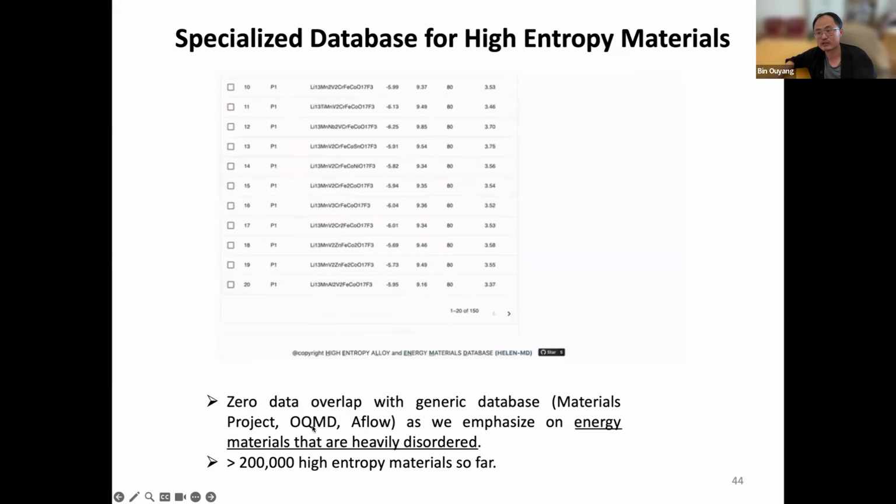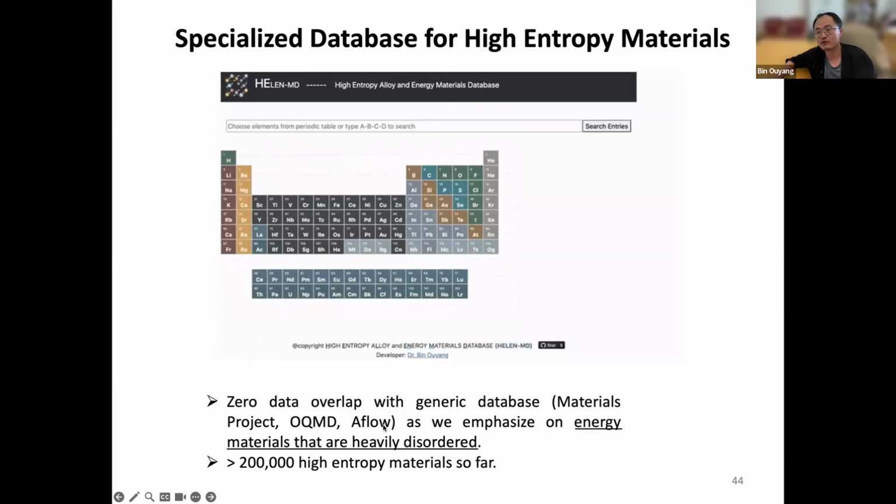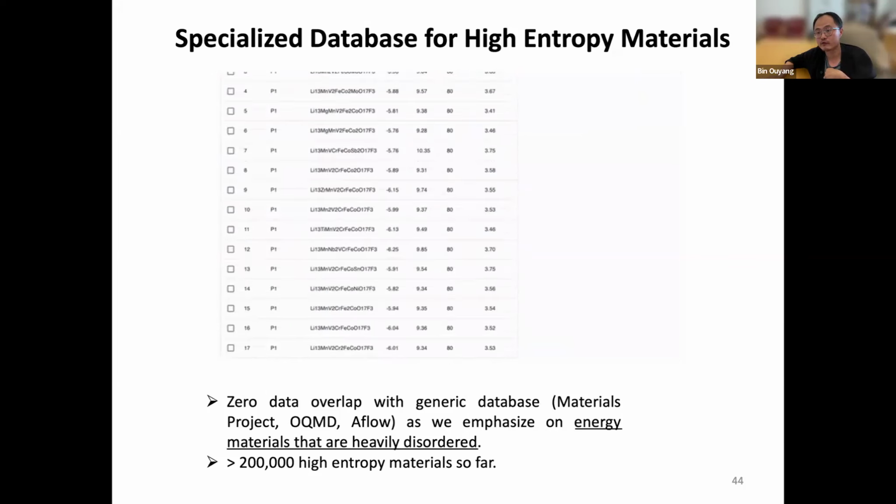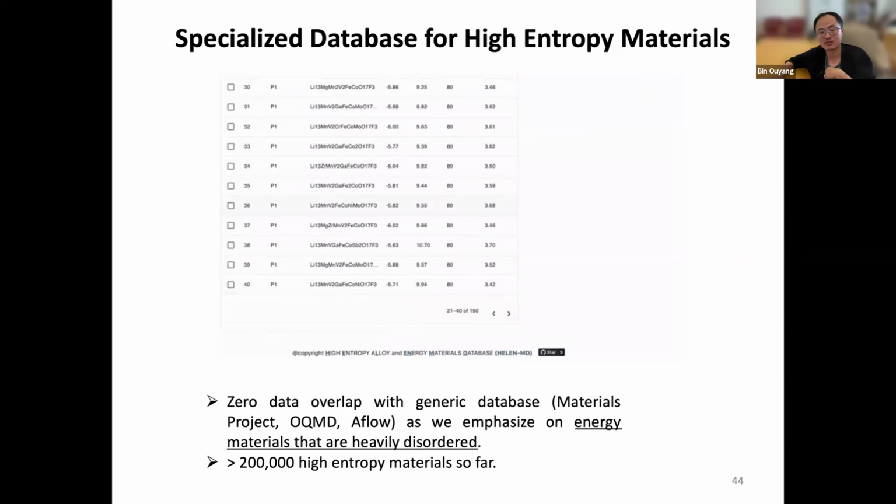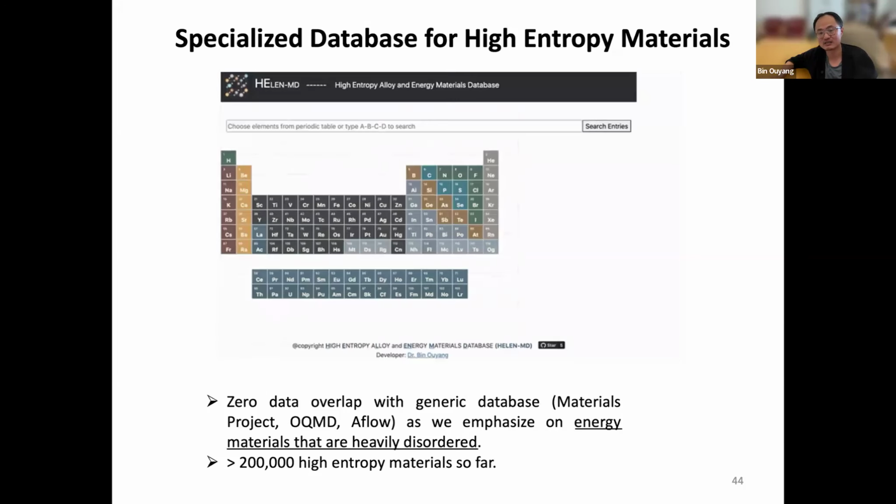OQMD, a database at Northwestern, has a little bit of it. AFLOW has a tiny bit of medium entropy alloys and a little bit of high entropy alloys, but they are mostly high entropy carbides, from my knowledge. So when you talk about high entropy battery materials or high entropy catalysis, there is no data available in this field.